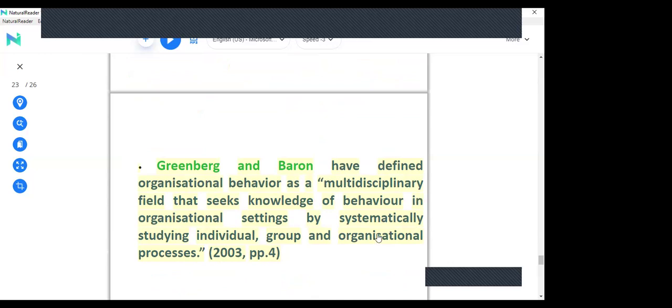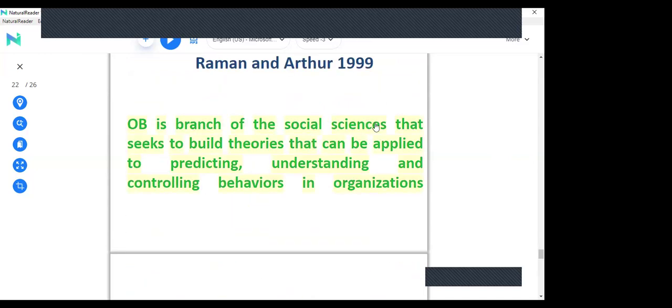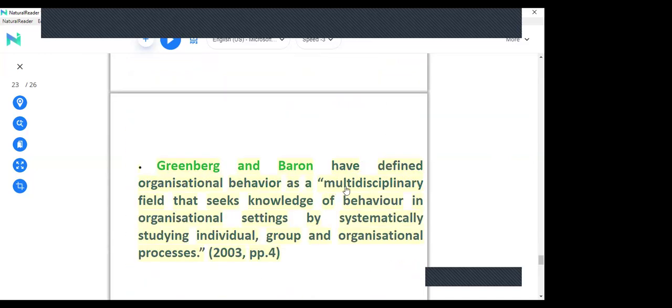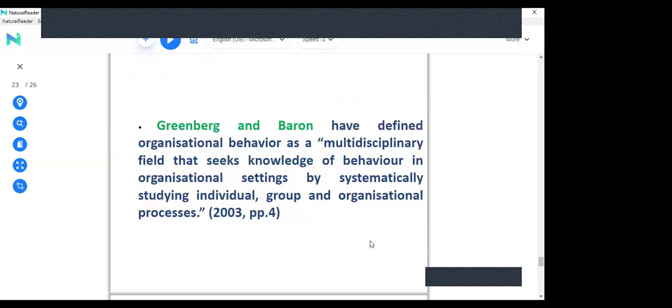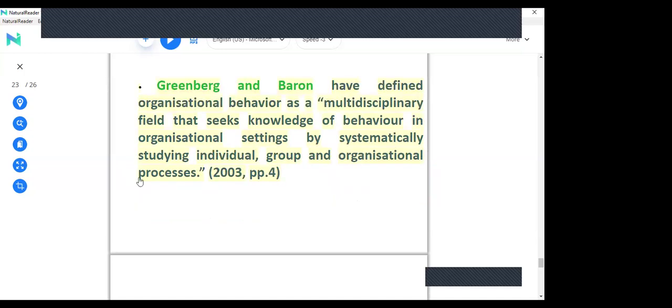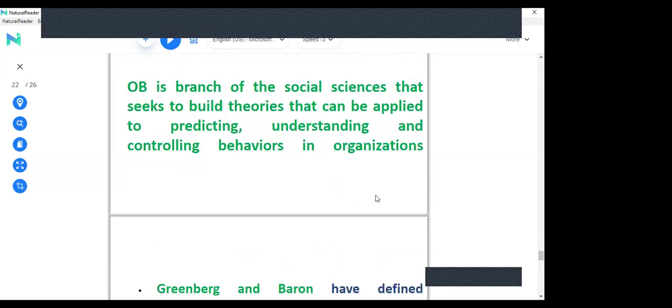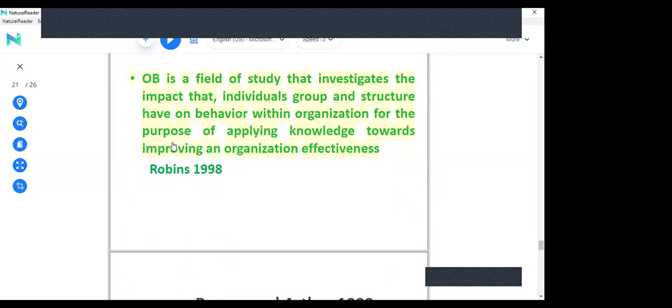I told you to do a close reading. Okay. Then, my dear student, you have to keep this concept in your mind. Here, it is social science, and this one is multidisciplinary. But keep it in your mind. This concept also says systematically studying individual, group, and organizational process. What we had in 1998 was individual, group, and structure.